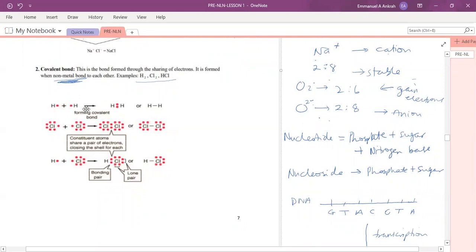The only way they can form a bond is to share. So this one brings its electron, the other one brings an electron, and they share. And then you have H2. The dash line here represents a bond, which is made up of 2 electrons. Every 2 electrons makes a dash to represent that covalent bond.